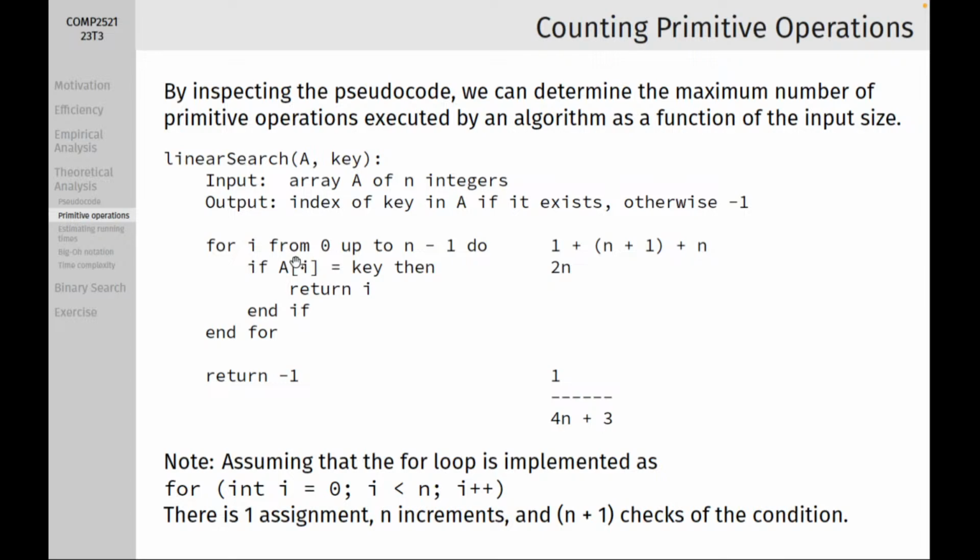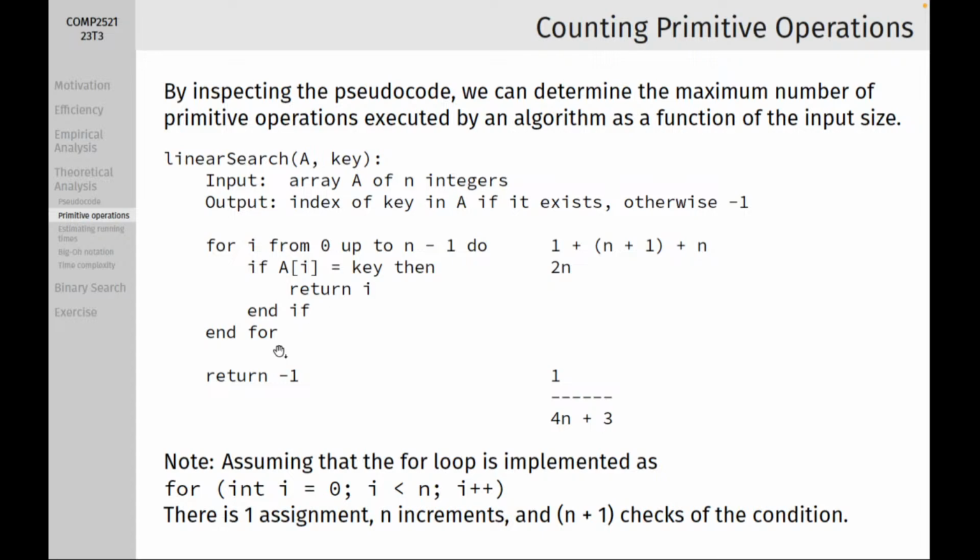And this line contains two primitive operations: an array indexing and an equality check. So that's 2n in total, because we've got n iterations.